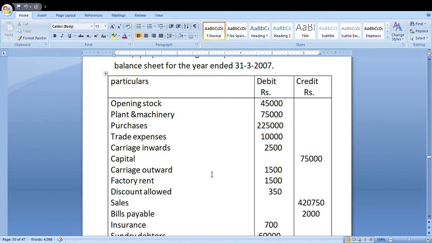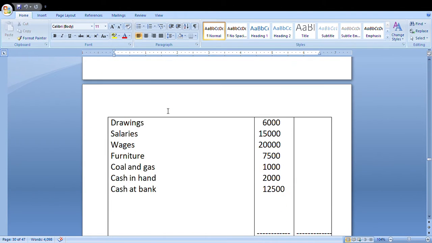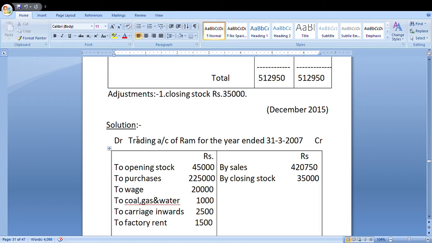First, for every item in this problem, identify which of the three statements it enters. First is opening stock, which enters the trading account. This is the format.